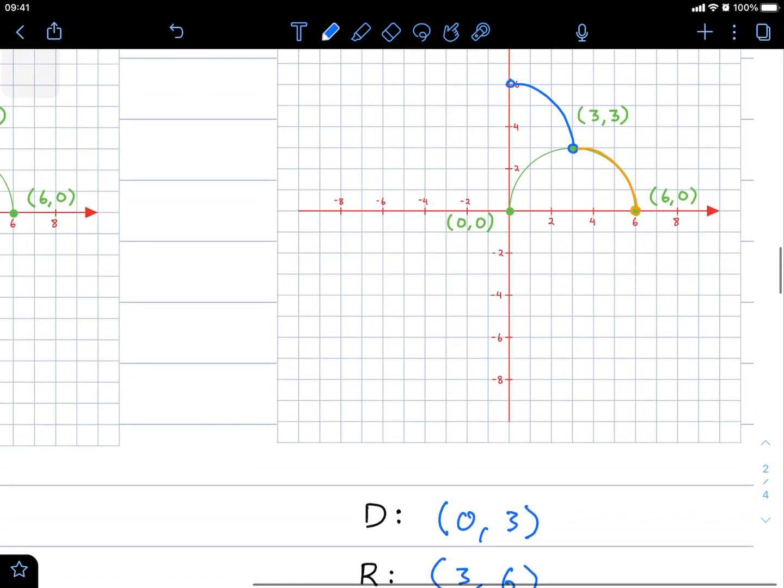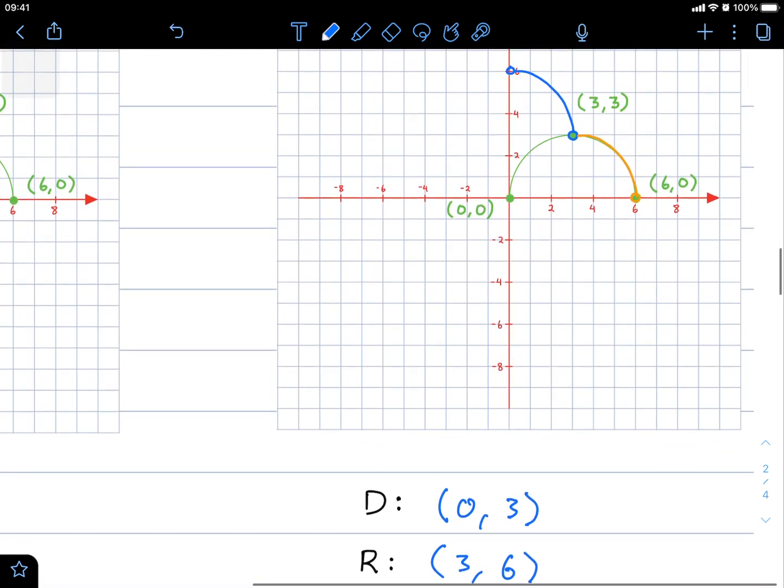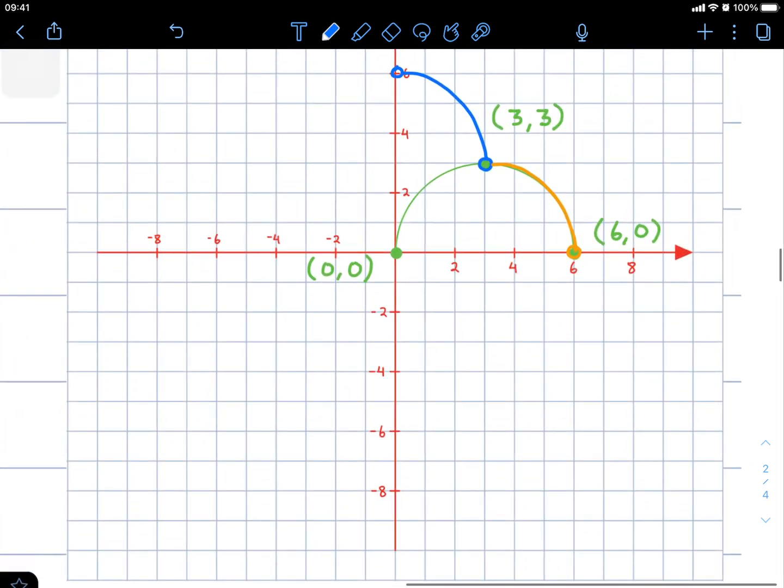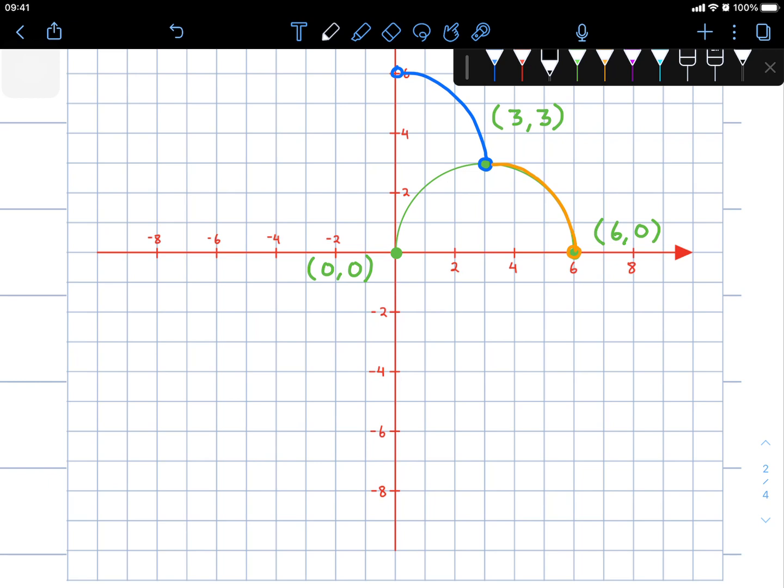And just to emphasize the point of the domain and range switching from the function to the inverse, the domain of the orange line starts from 3, ends on 6. So take a look. The domain of the orange function starts on 3, ends on 6.